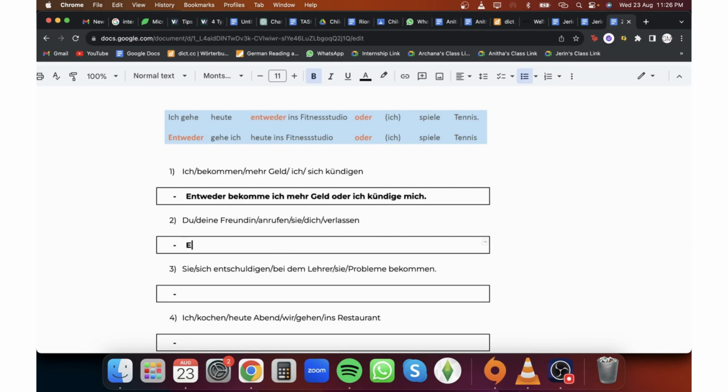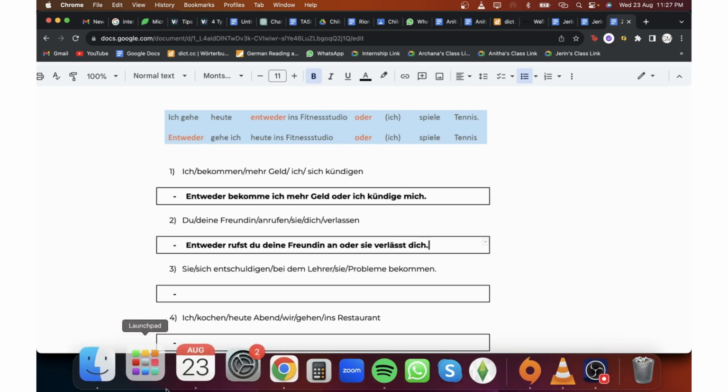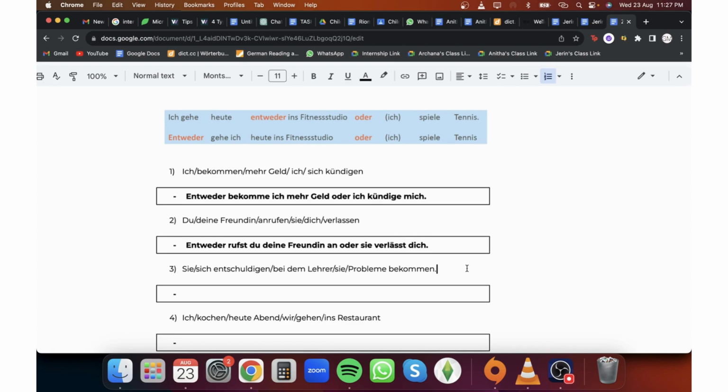That sounds weird, no? So once again, we'll write entweder first. Entweder rufst du deine Freundin an oder sie verlässt dich, or she will leave you.